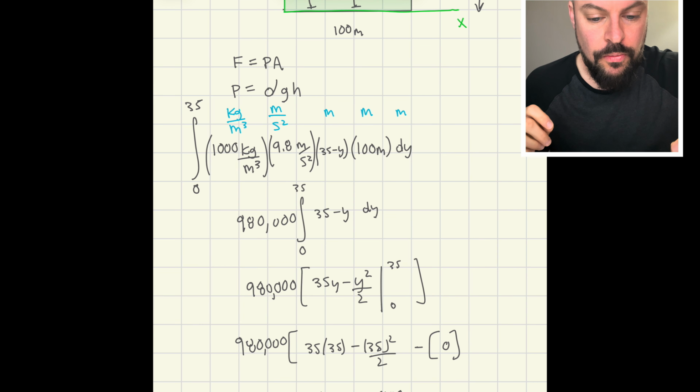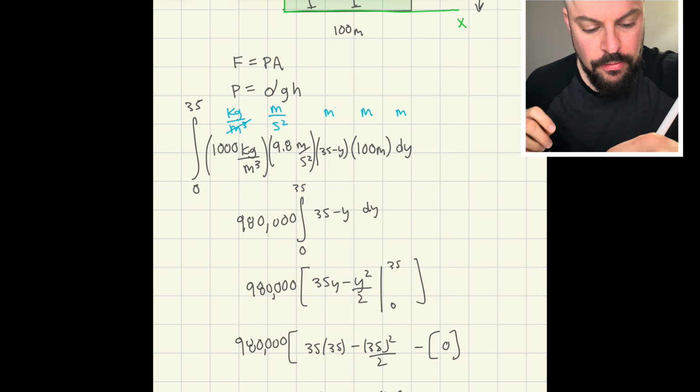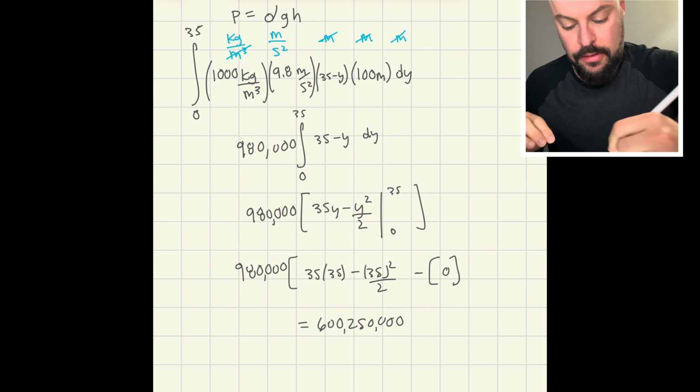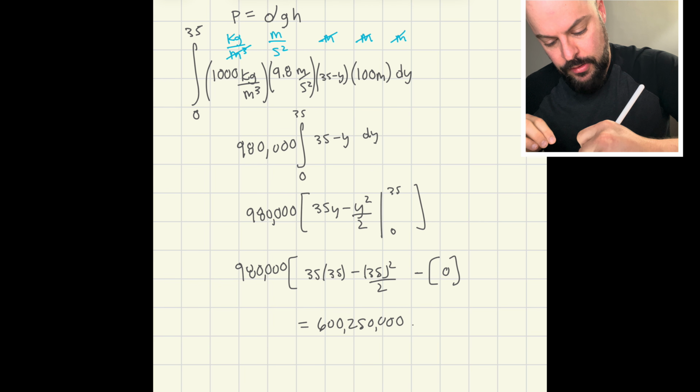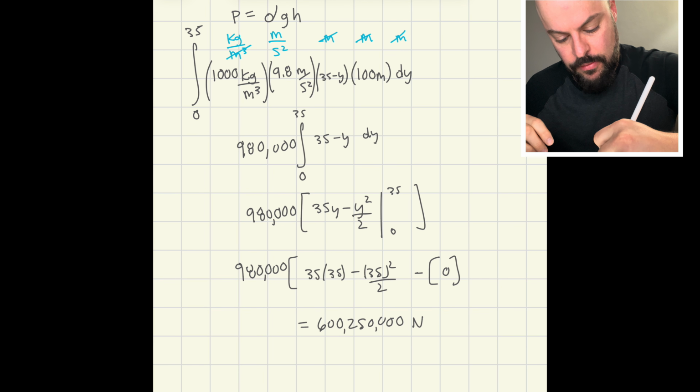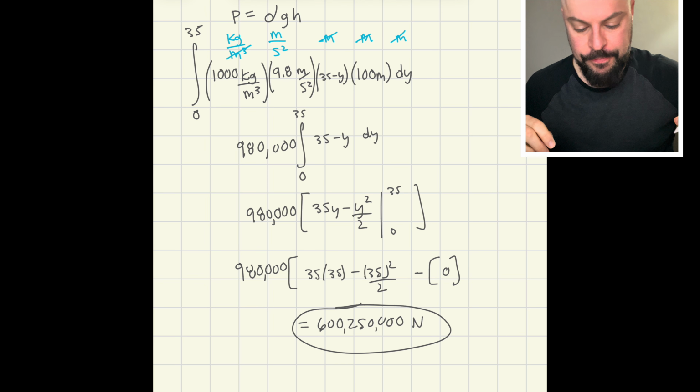So we can cross these out, those cancel those. And then what we're left with is kilogram meters per second squared, which is a Newton. So that's our final notation. Yeah, that's it.